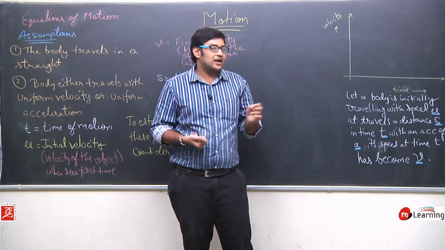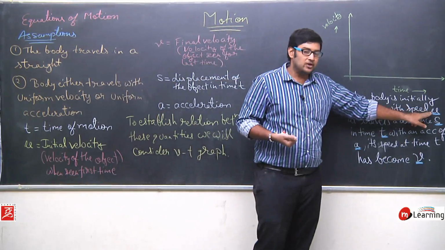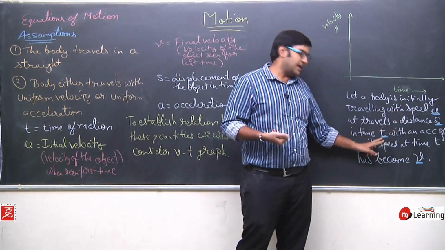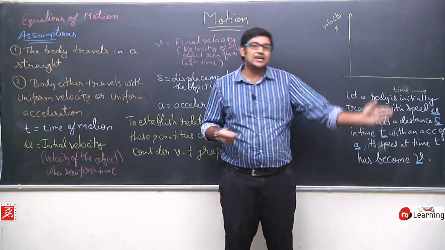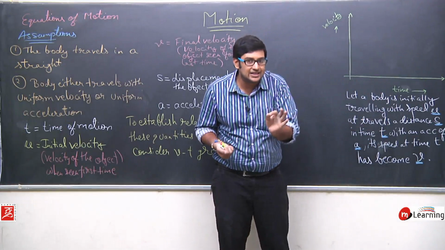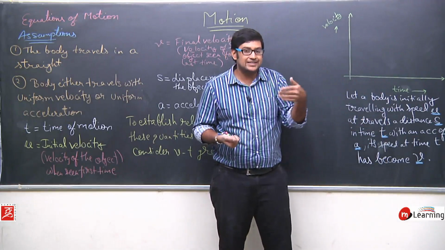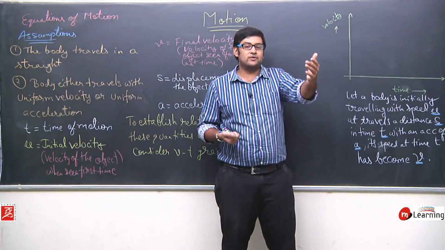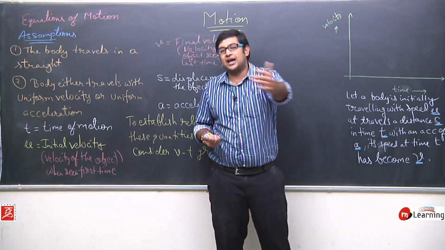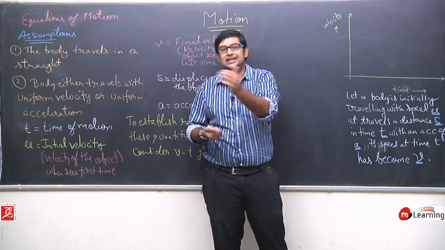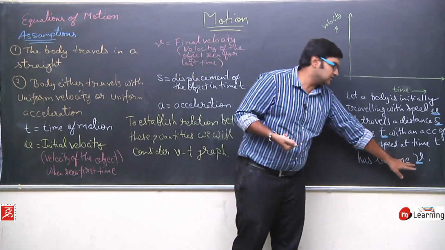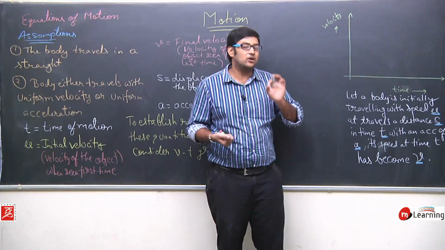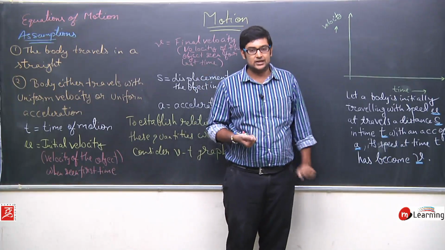When I first saw the car it was traveling with the speed u, and I observed it for time t. In that time t it has traveled the distance s with an acceleration a. Its speed is increasing. The last time I saw the car, before it turned right, its speed was v meters per second.